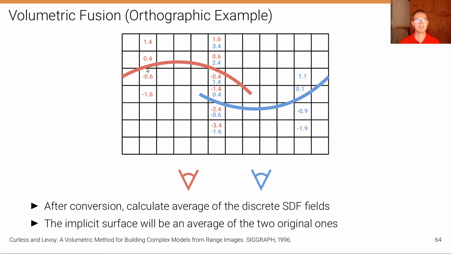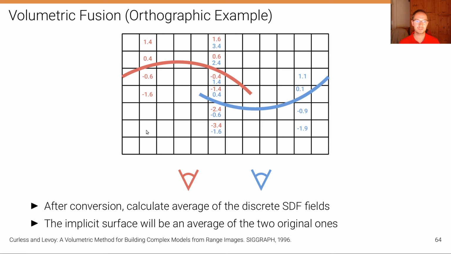The blue and the red are actually the surfaces that have been observed by the red and blue camera. For example, here, I've just partially filled it in to not make it too complex. If we fill in the red SDF map, then we have 0.4 here because the surface is slightly behind this boundary. So this distance from the center to the voxel might be 0.4, and conversely might be 0.6 here along this ray.